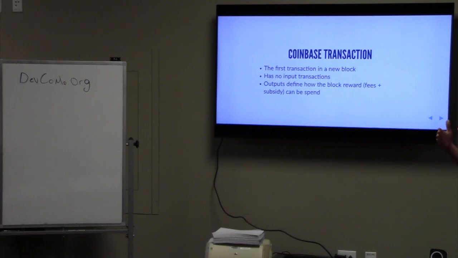When you hear about people speaking about mining fee, that's the mining fee. And that is money that is left over that hasn't been spent, and it's been left intentionally unspent, because it's the mining fee. And the miner will collect all of that, and that is the fee for the block.